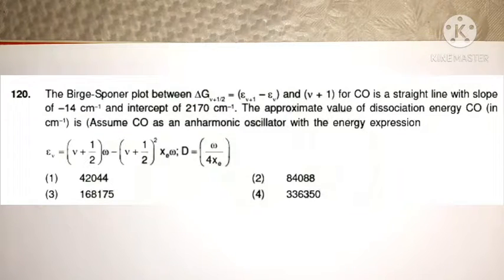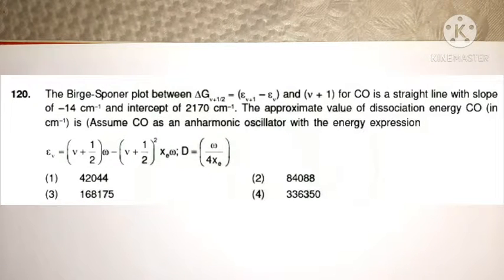The approximate value of the dissociation energy of carbon monoxide in centimeter inverse is. Assume carbon monoxide as an anharmonic oscillator with the energy expression as given. The formula for dissociation energy is omega upon 4 x e. This question is coming for 4 marks, and this is based on your Birge-Sponer plot.